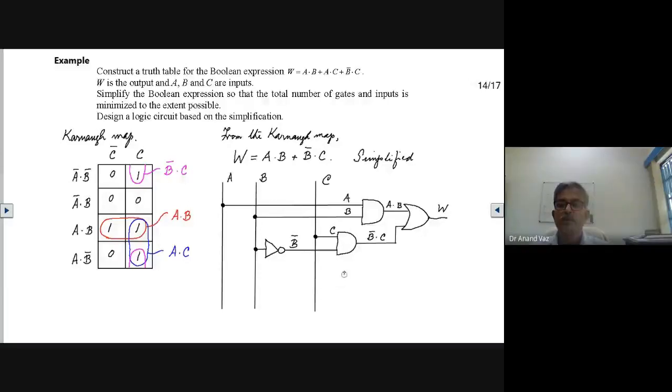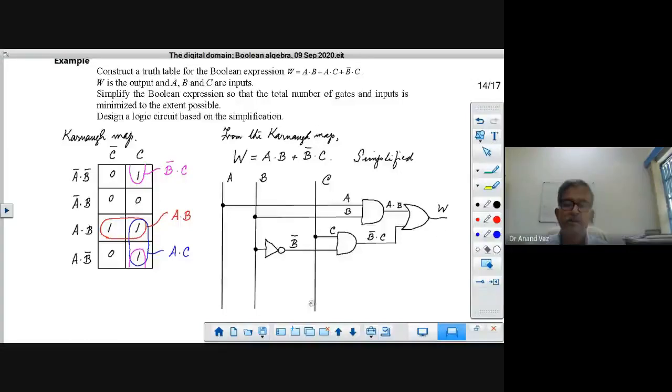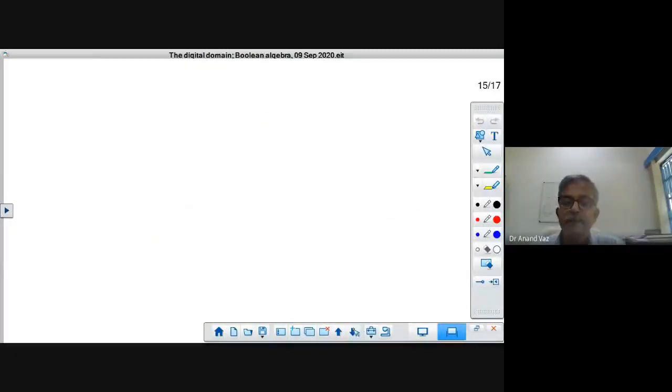So you have a clear idea of the number of gates, the number of inputs. Okay. So this is our simple example which we have done today. Let's take, how much time do we have? We have some 15 minutes. Let's take one more problem.